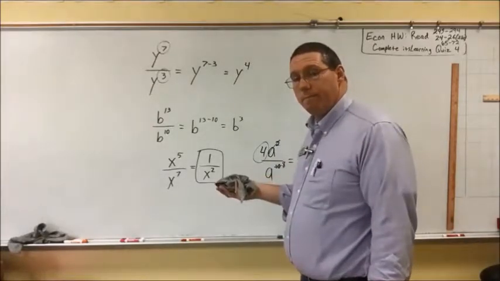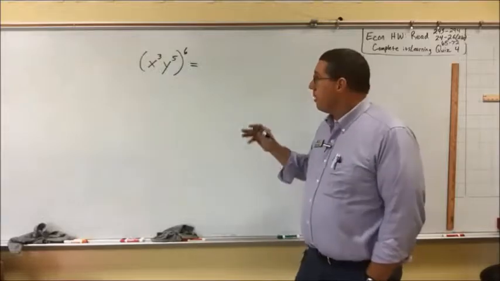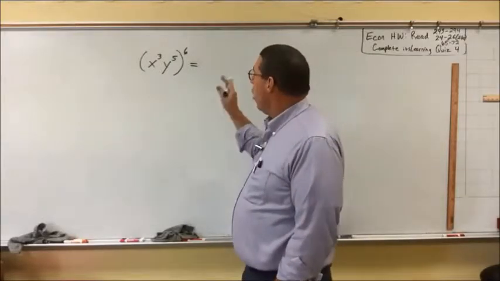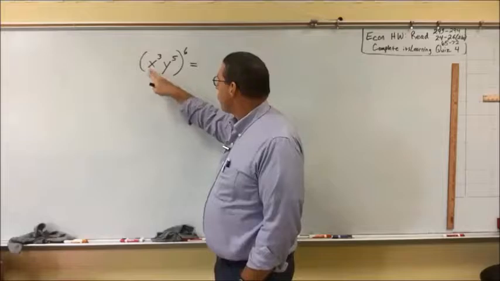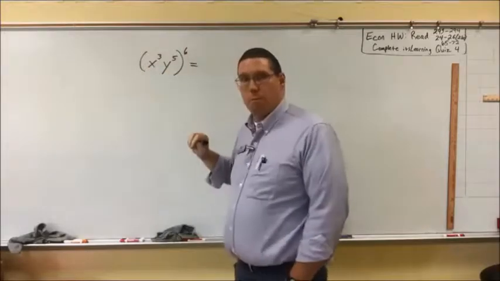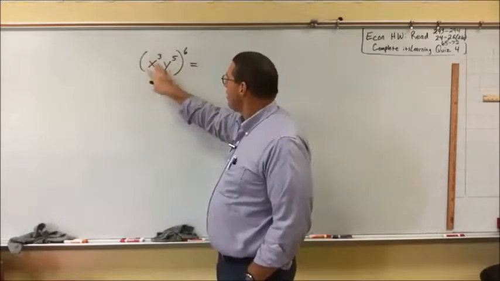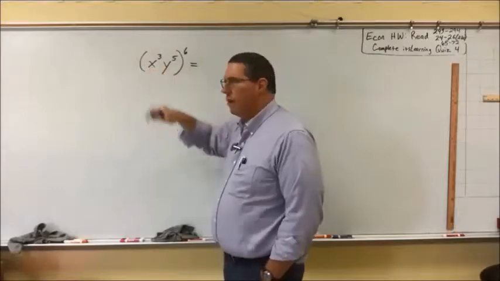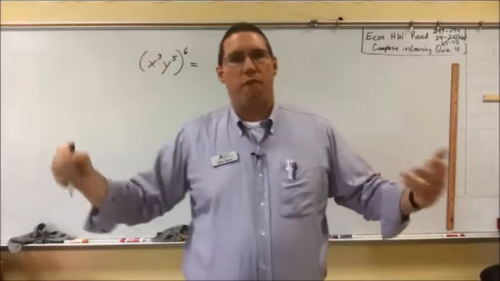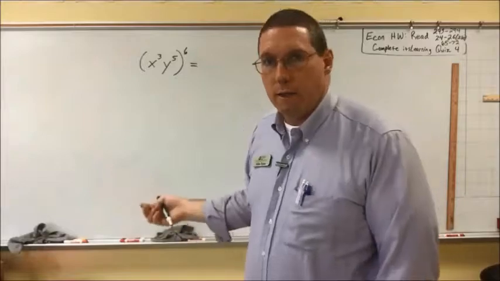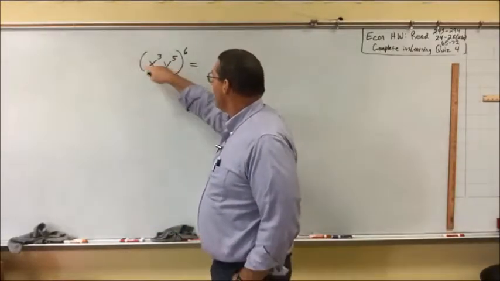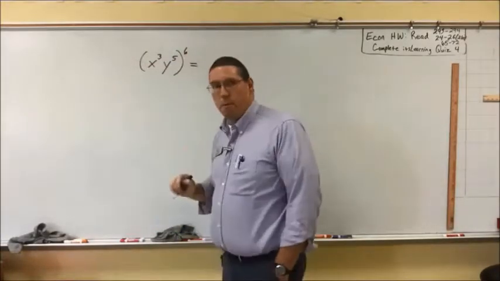Let's try another one. This will be our fourth rule of exponents, and I call this one a product to an exponent. So inside parentheses, we'll have a product of 2 or 3 or 4 or 5 or 6, whatever, terms. And then outside the parentheses, there's an exponent.